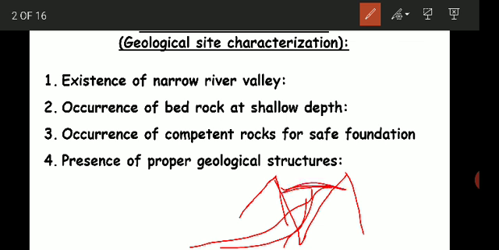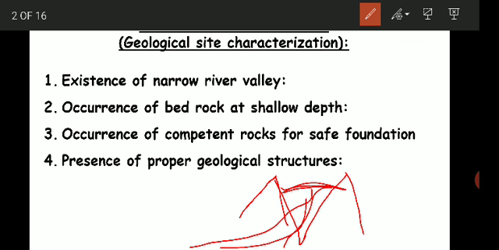This can be blocked with a relatively smaller dam, and as a result, the cost of the construction of the dam will also reduce, because we are constructing a narrow dam in a narrow valley. If the valley is wider, then you have to construct a bigger dam, and obviously the construction cost will again be high. So this is how the narrow valley is the most important step in the site selection for a dam.